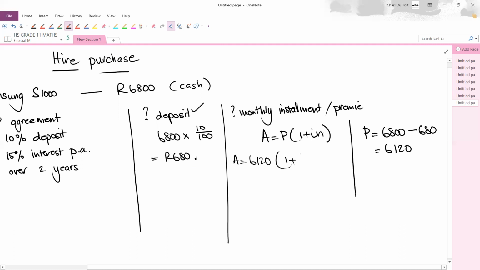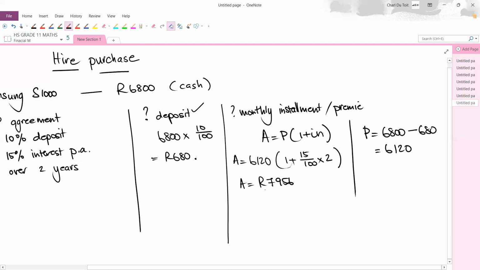So your loan started with 6,120 Rand. And the rate is 15 over 100 times, well, 2 years. So it's 2. So I'm putting that in my calculator: 6120 times (1 plus 15 over 100 times 2). So at the end of the day, I'm going to pay 7,956 Rand for that phone.